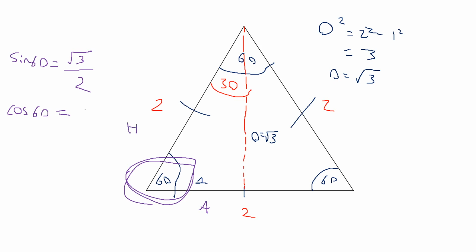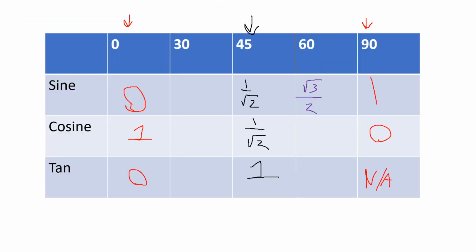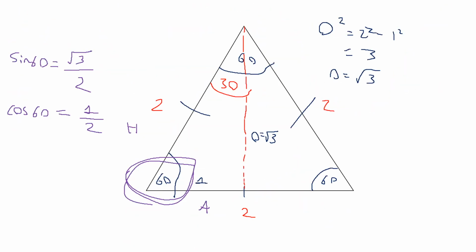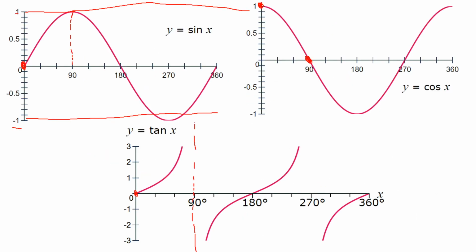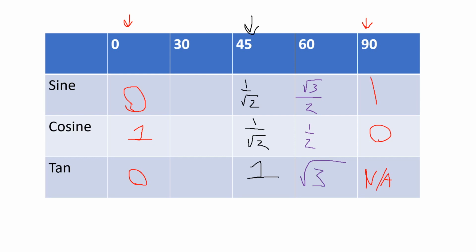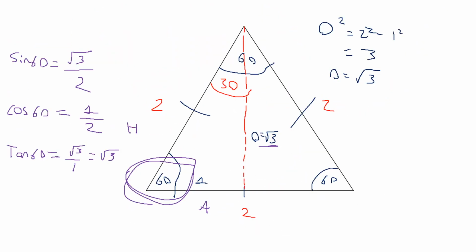Our adjacent is 1. Our hypotenuse is 2. So we're left with a half. And finally, tan 60 is equal to, our opposite is root 3. Our adjacent is 1. So therefore it's just root 3 over 1, which is simply equal to root 3. Yeah? So now we've done 60.